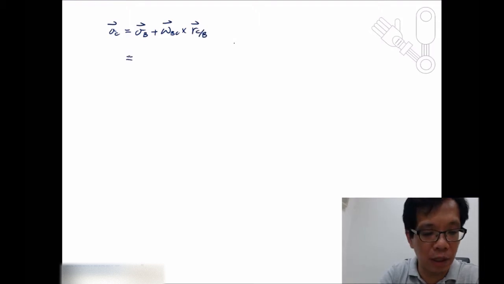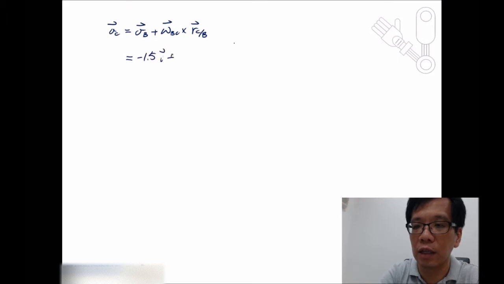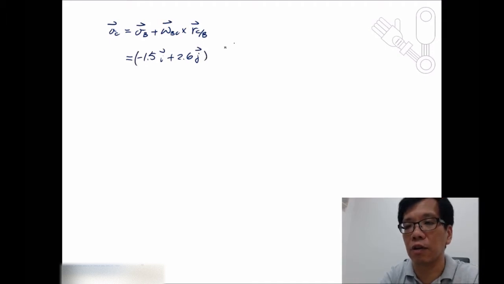So from the previous page, we know that VC is going to be VB plus omega BC cross product RC over B. And VB is negative 1.5 I plus 2.6 J. That is from the calculated result in the previous page.